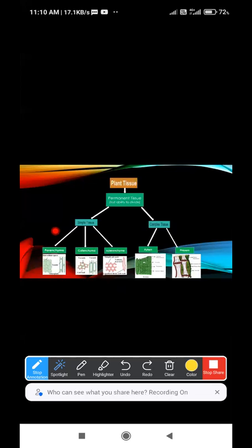The second subtype that we have seen is aerenchyma tissue. These are specialized for storage of air and found in aquatic plants. The function of aerenchyma is to provide buoyancy to the aquatic plants so that they can float on the water surface.